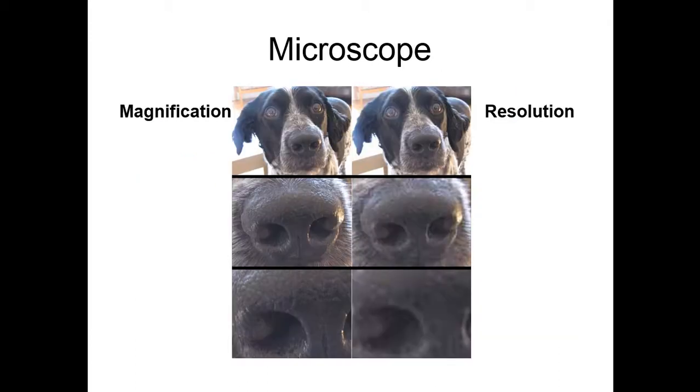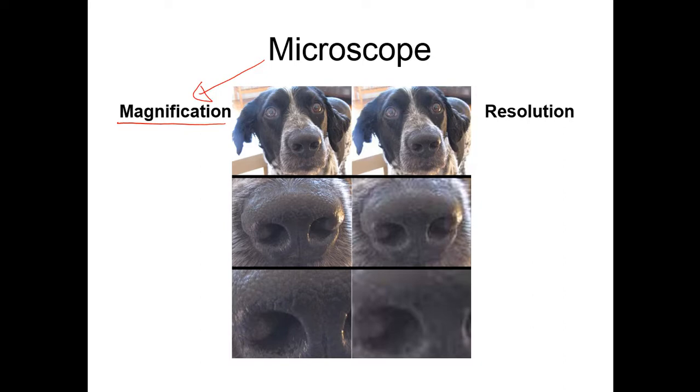With the microscope, we have to talk about magnification and resolution. That is really important, not only for light microscopes, which use light to go through the specimen so we can see it, but also for the electron microscope. What is magnification?